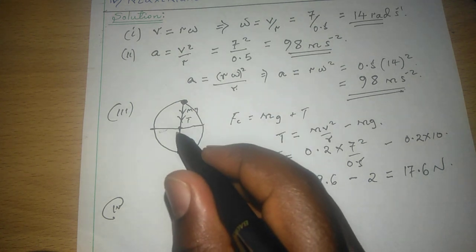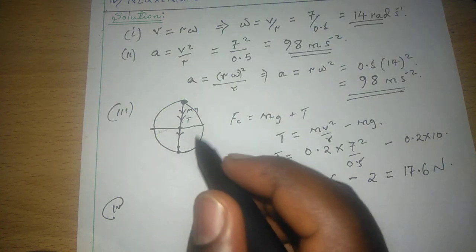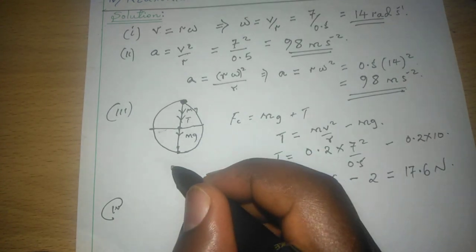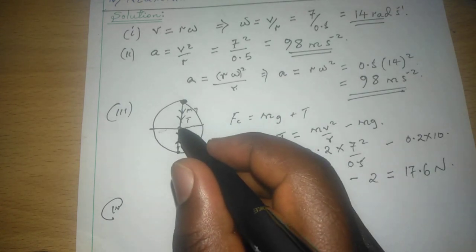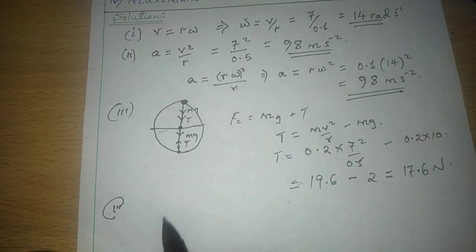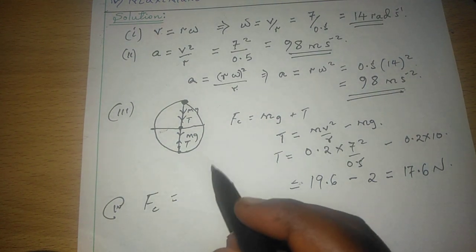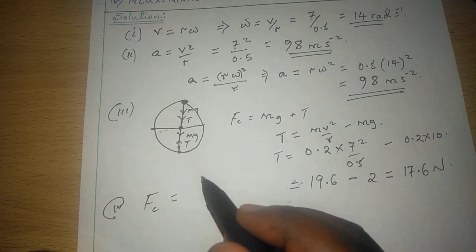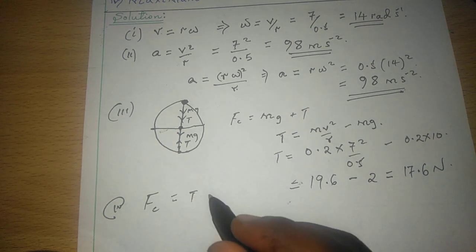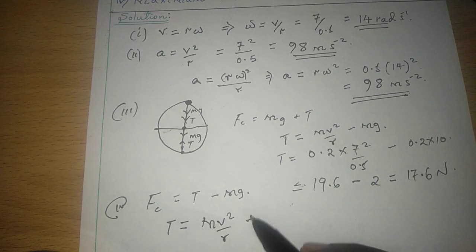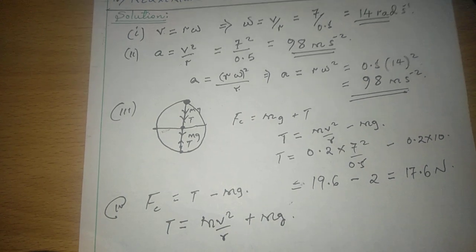At the lowest part we have both the weight acting downwards, but tension on the string, since it is held here, the tension is acting on the other side, such that centripetal force is given by the difference between the tension and the weight of this stone, which means to remain with the tension, then we have to bring the weight on this side and have centripetal force plus the weight of the object.